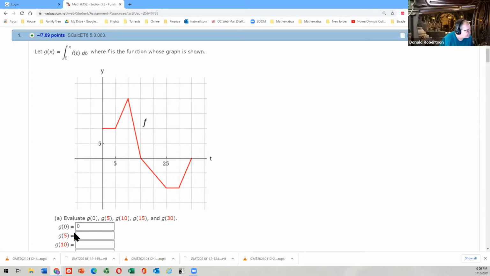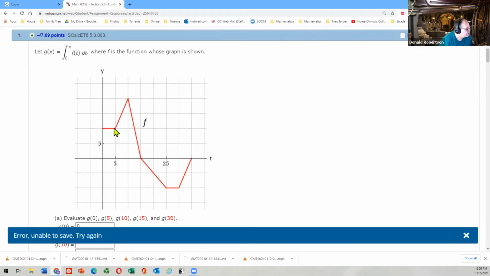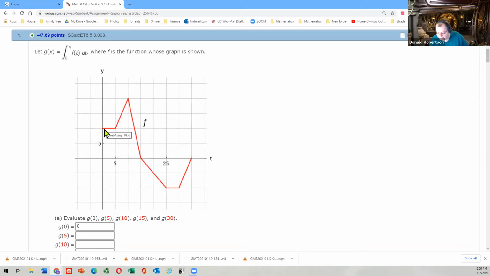G of 5 is the area under the curve from 0 to 5. So essentially, wouldn't it be this little rectangle? Because we can get these exact values by just finding the area of a rectangle. 5 units this way, 10 units up, that has an area of 50.